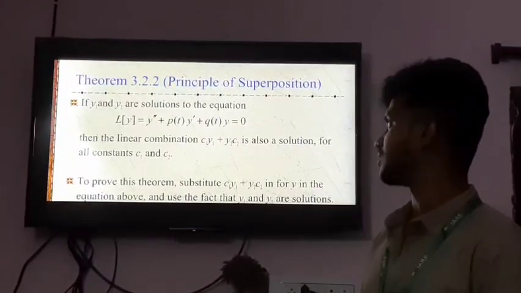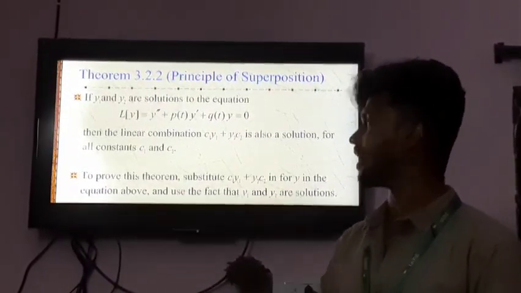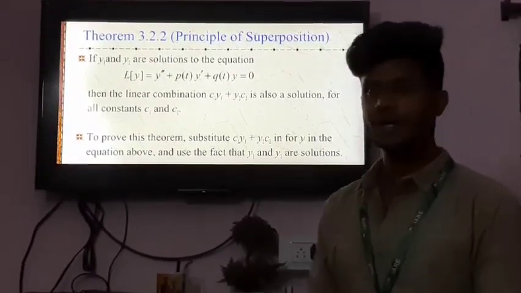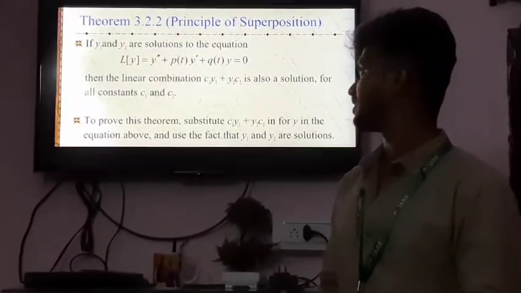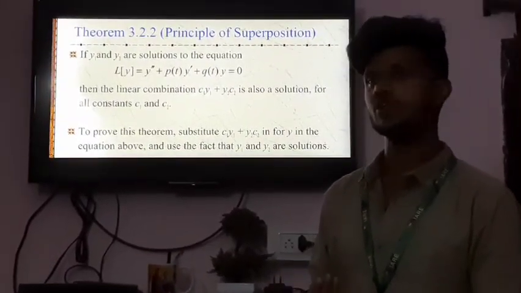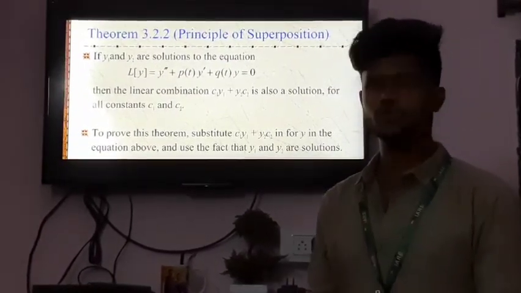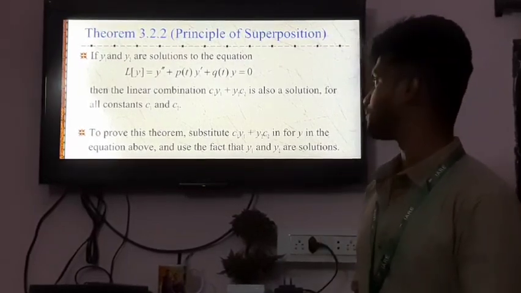The theorem is: if y1 and y2 are solutions to the equation L of y, which is y double dash plus p of t into y dash plus q of t into y equals 0, then the linear combination c1 y1 plus c2 y2 is also a solution, where c1 and c2 are constants.